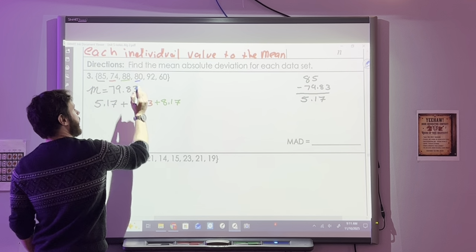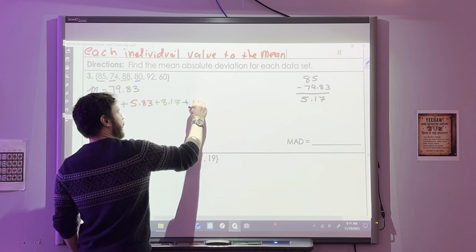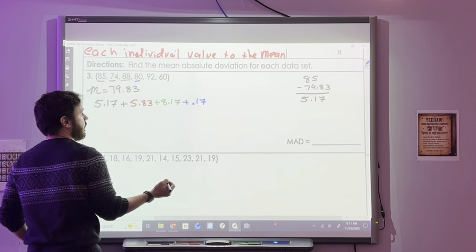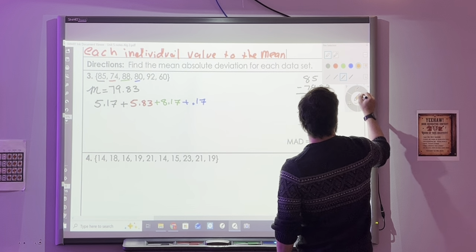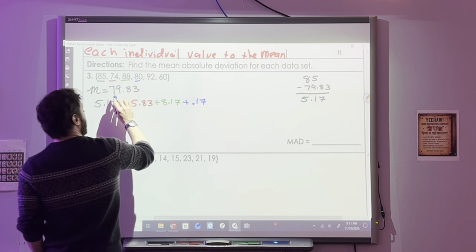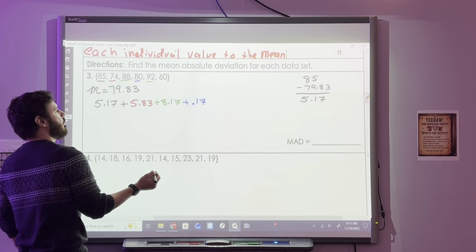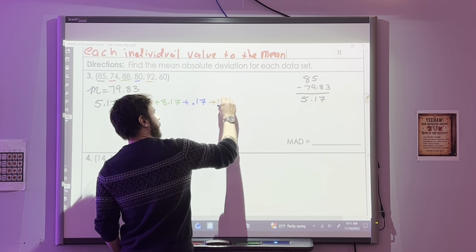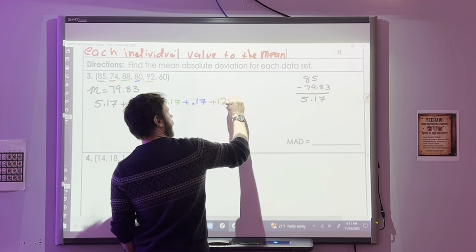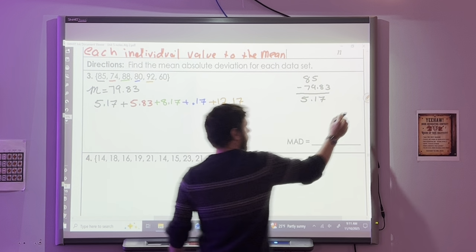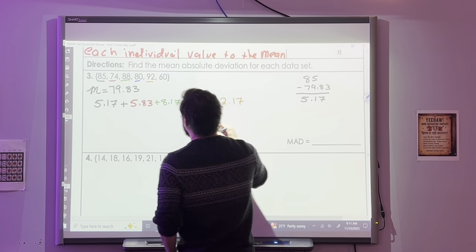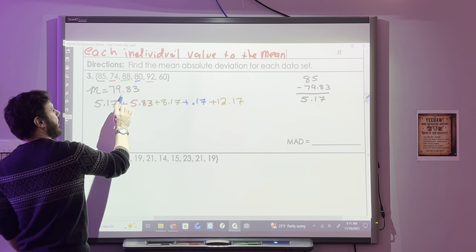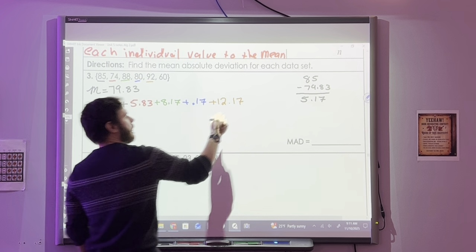How far away from 80 is it? 0.17. Gotta get other colors involved. It's a terrible yellow, orange. How far away is my mean from this? It's gonna be 12.17. And lastly, how far away is 79.83 from that?